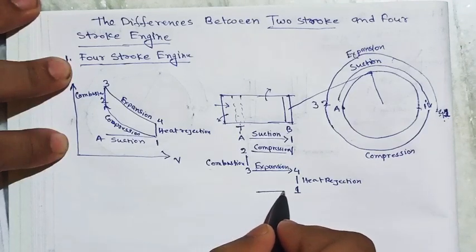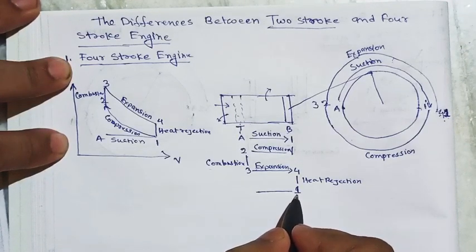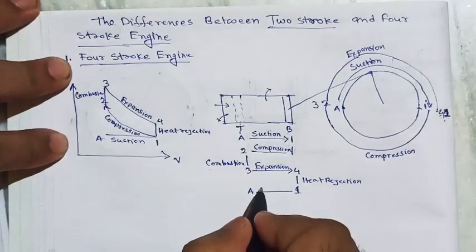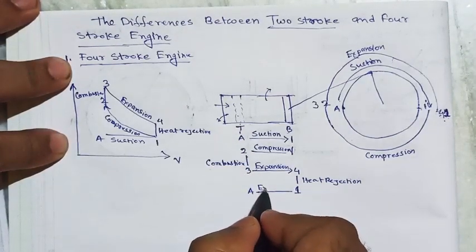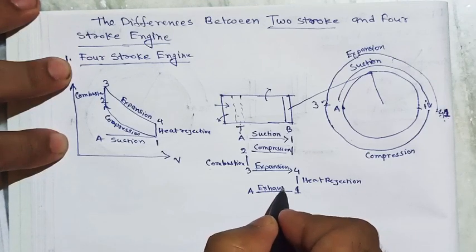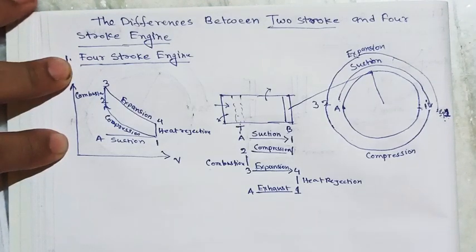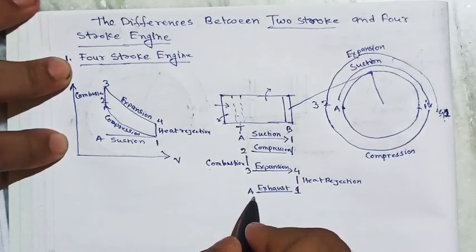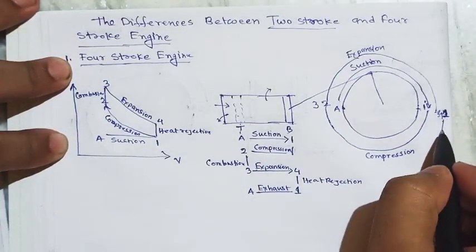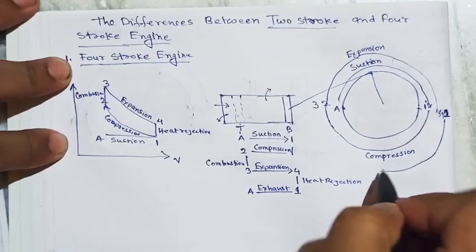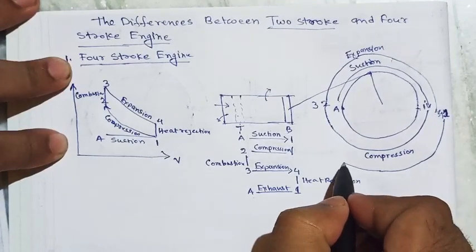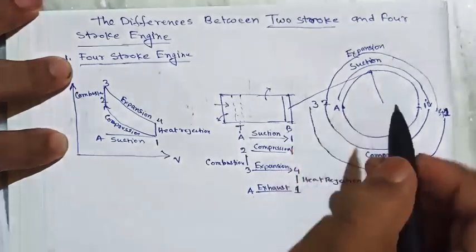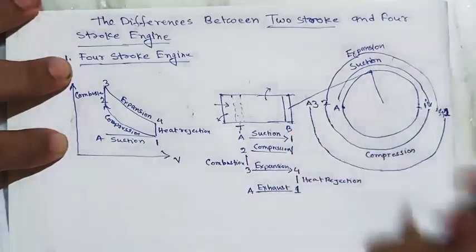So this piston will move from 1 to A. This process is called the exhaust process. During the exhaust process, you can see that the piston is moving from 1 to A, so it will reach the same point. This is the A point.